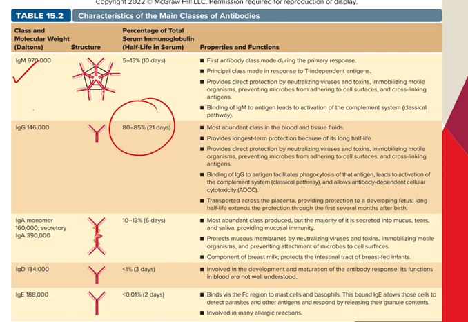So IgMs are pentamers. There are five of those monomers attached as a single unit. IgGs are singles. They are monomers. IgAs are also not singles. They are a dimer. And then IgD and IgE are different ones.